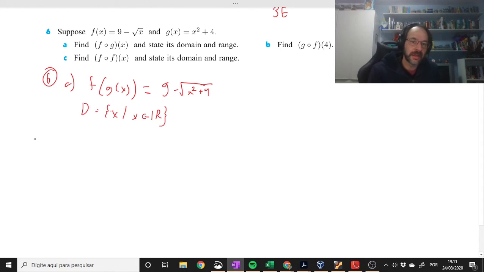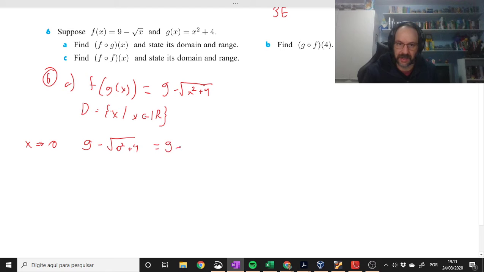I'm going to start with x equal to 0. So we're going to have 9 minus the square root of 0 squared plus 4. Once we do that, 0 squared is 0, the square root of 4 is 2.